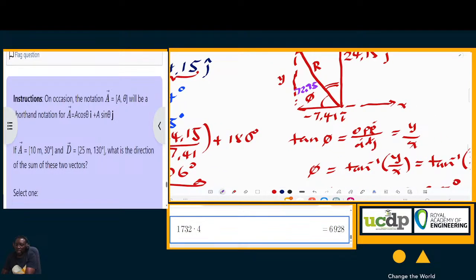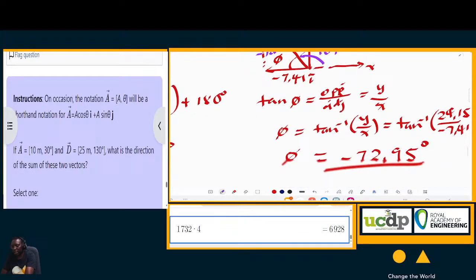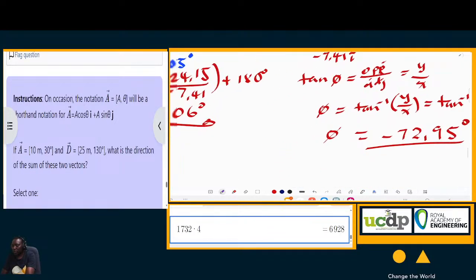Why is it negative? Because it is in this particular quadrant, the second quadrant. Because of that, if you just subtract this from 180, you actually get this angle. This is the 107. Who actually gave us the 107? I didn't check that name. The one who gave us 107, the last answer here, I hope so.